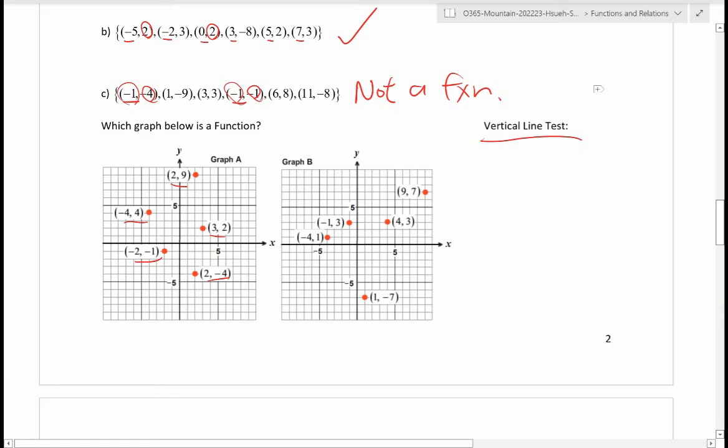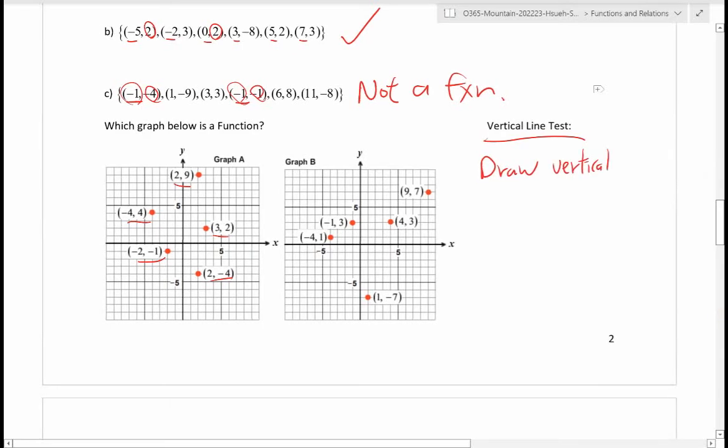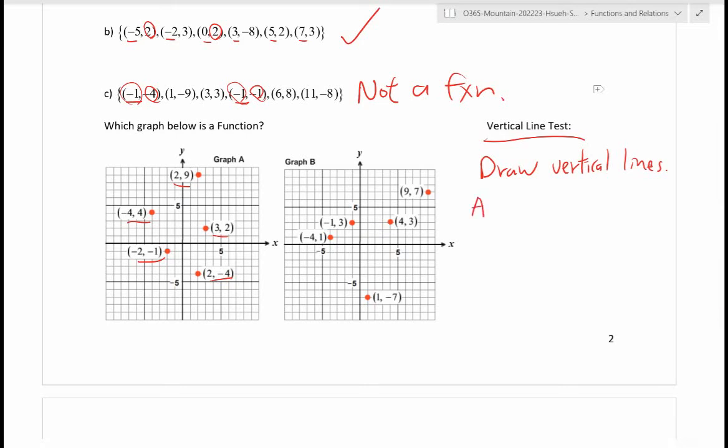On a graph, to tell whether the graph is a function or not, what you have to do is you can draw vertical lines. Okay, obviously you are not really drawing them. Now, what do we do with the vertical lines? As long as, okay, how should I say this?